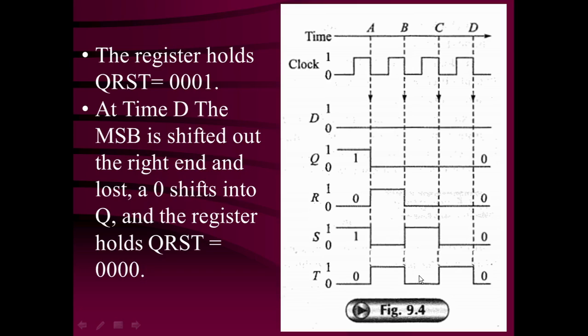After the third clock pulse, this bit comes to the flip-flop T and appears at the output of T. And after the fourth clock pulse, the MSB also comes out of the shift register and is lost. That means after the 4 clock cycles, QRST becomes 0000. You can see that this is 0000.